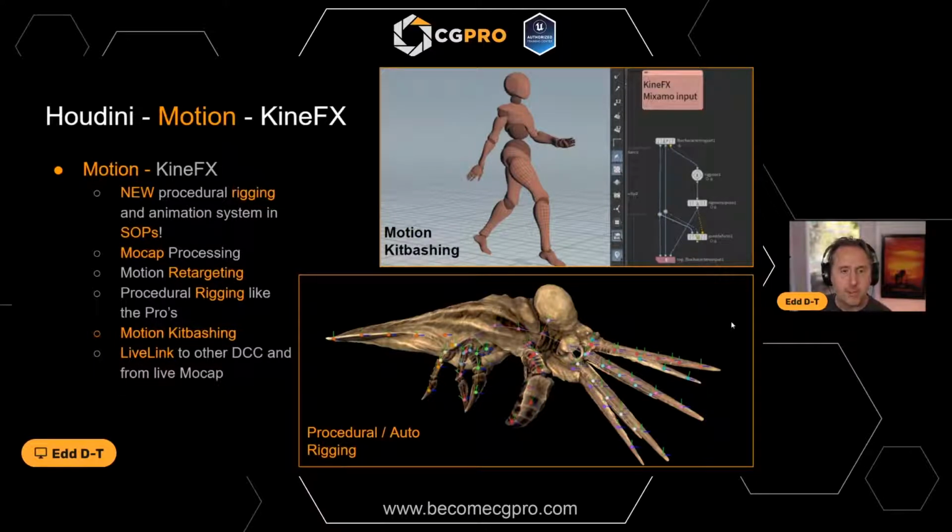You can live link straight from a mocap system into Houdini, and live link straight back out into Unreal or somewhere else. Super powerful. And as it says there, all of the SOPs nodes are available to you, so you can do wild things like create deformers and run joint systems through them, and do all kinds of cool, crazy stuff.